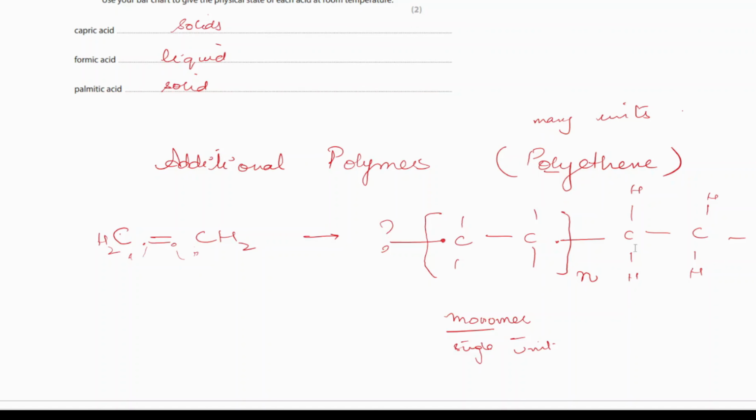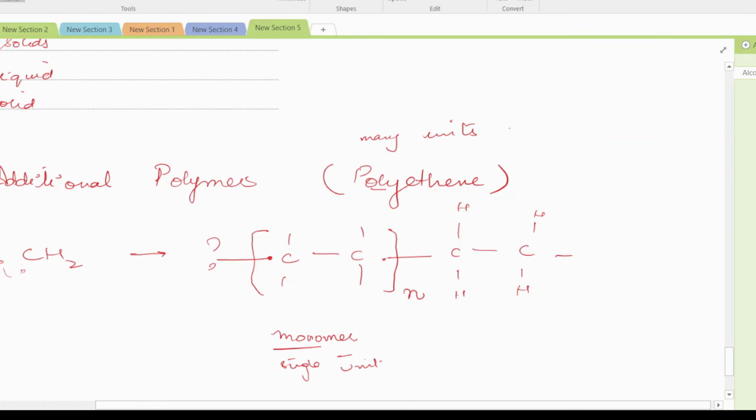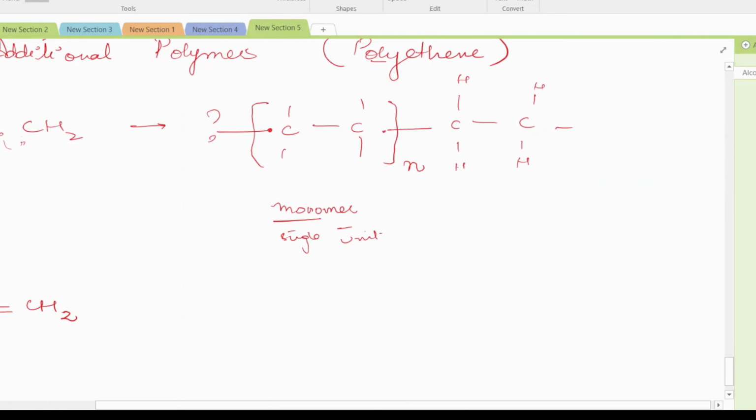Polypropene. Can you make a polypropene? It will be CH3, CH, double bond, CH2. Let me make it. Now you have to show the repeating units.